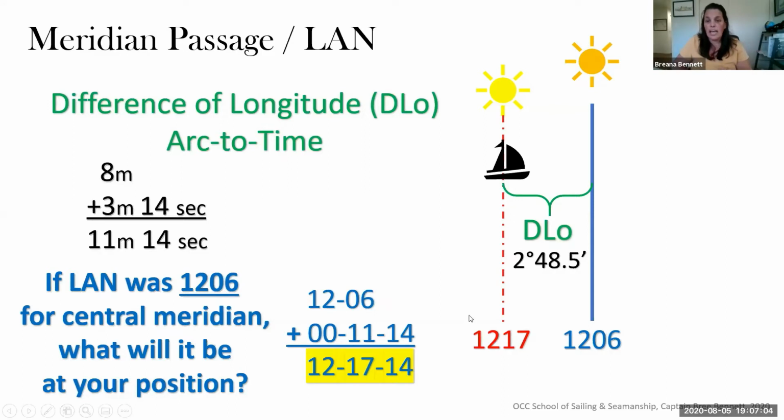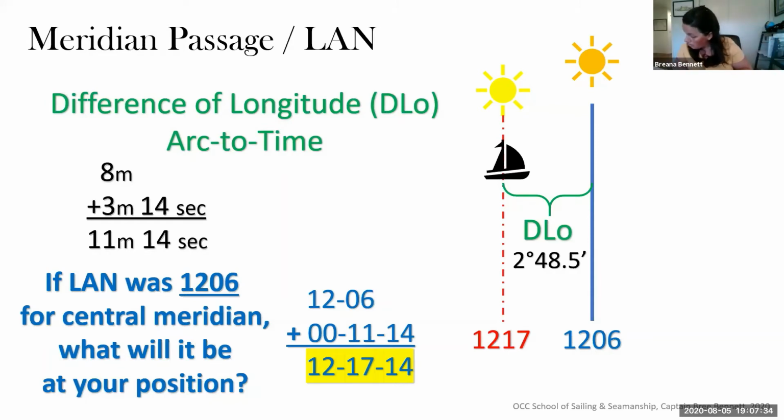So on my LANs, I always go with the earlier time. So sometimes we'll get a higher second, like 11 minutes and 45 seconds. Technically, that would be closer to 12:18, right? But you don't want to miss it. So you always go to the earlier one. Or maybe you're not quite sure on your longitude, so just go out there 5 minutes earlier.